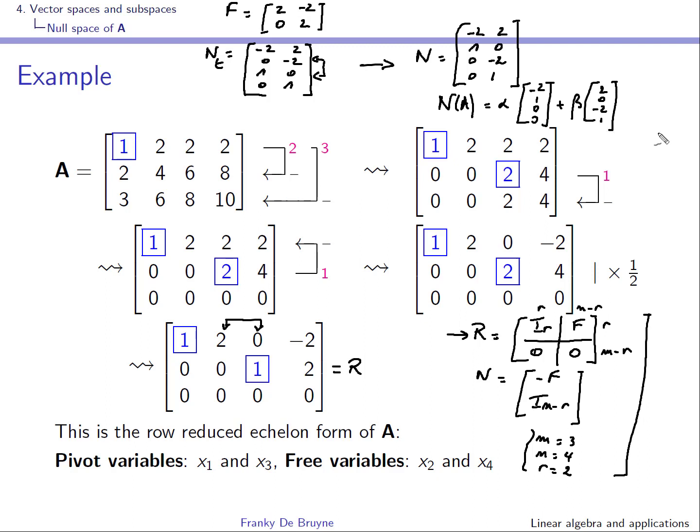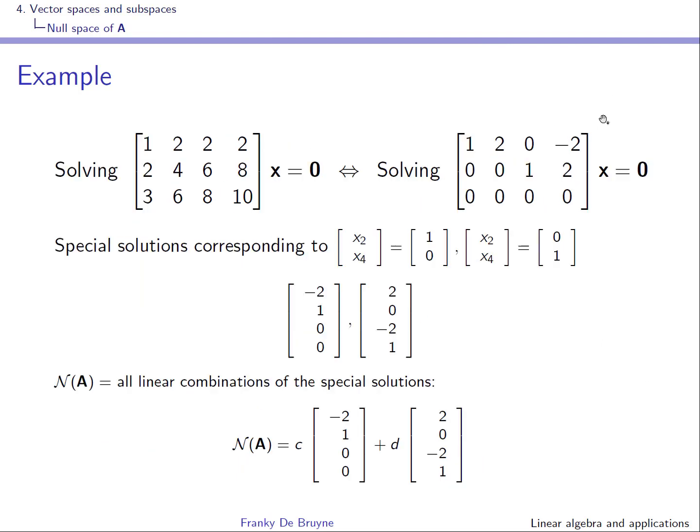Here we should check that A times this vector yields the 0 vector, and that A times this vector yields the 0 vector. We can have a look at what we had found previously, and we see that indeed we have found the correct special solutions.